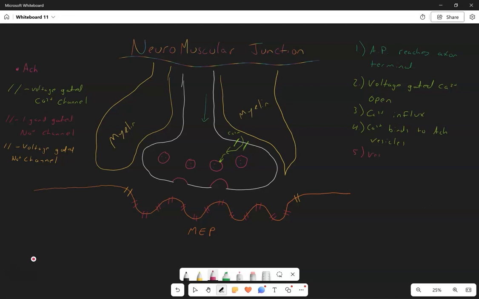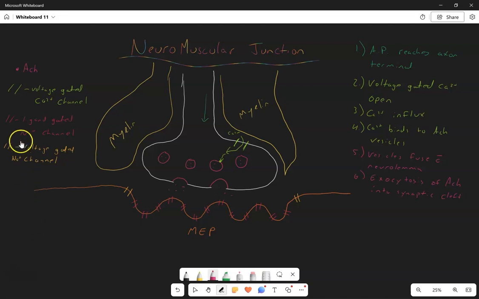So we're going to say vesicles then fuse with the neurolemma, which causes exocytosis of that acetylcholine. So the acetylcholine then ends up in this space, the synaptic cleft. Remember, that's what that space is called, the synaptic cleft.